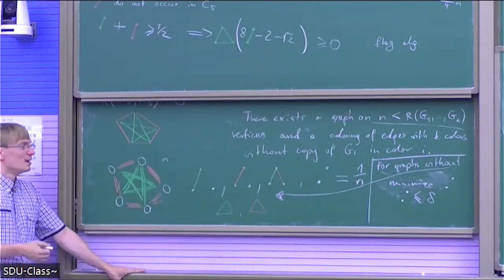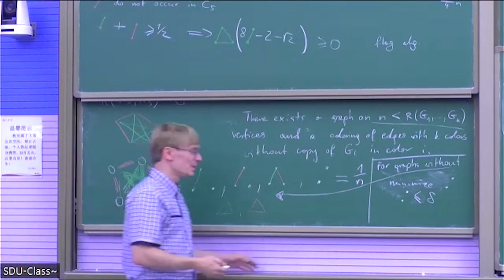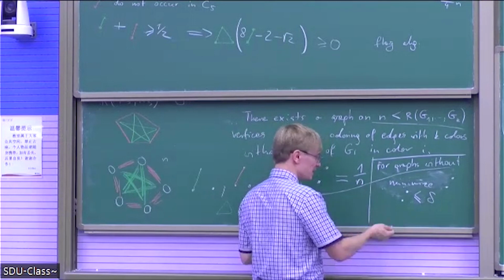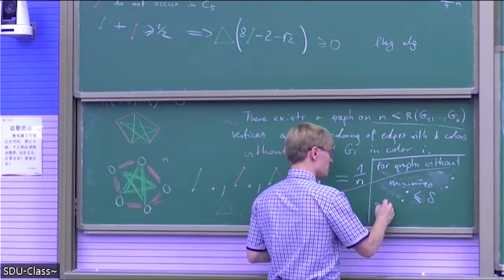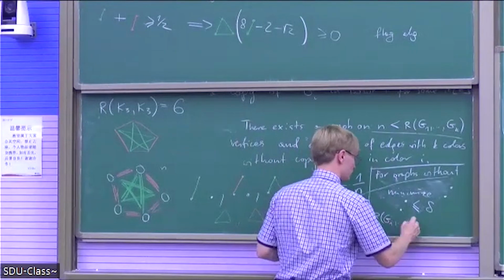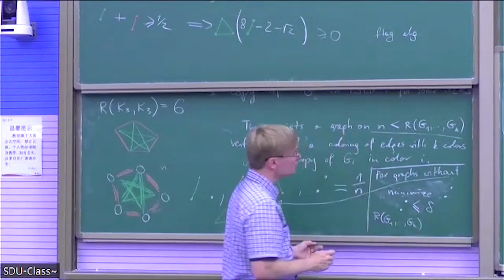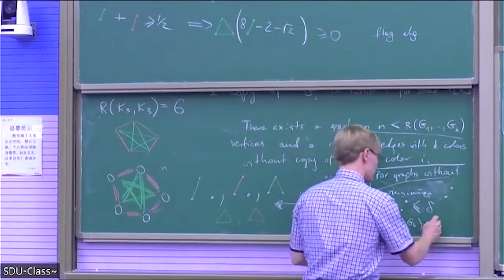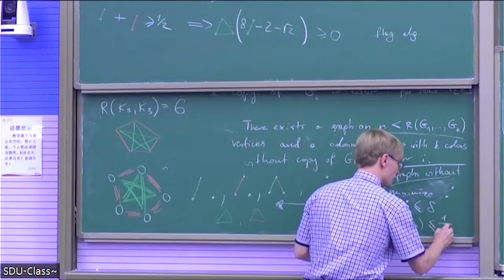And if I'm able to prove some bound, then it implies that this Ramsey number needs to be at most 1 over delta plus 1.